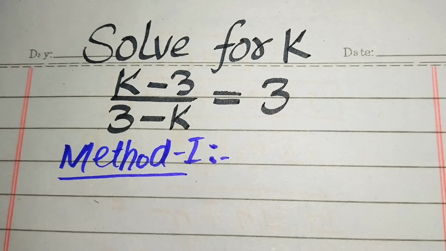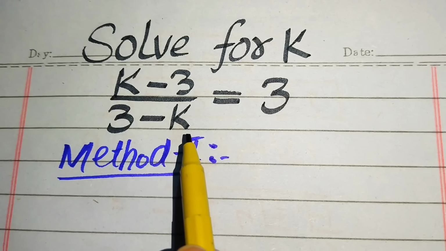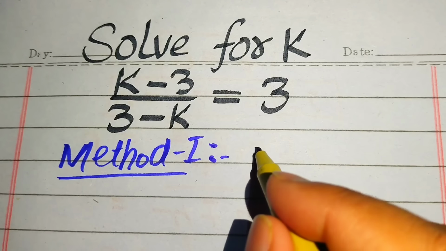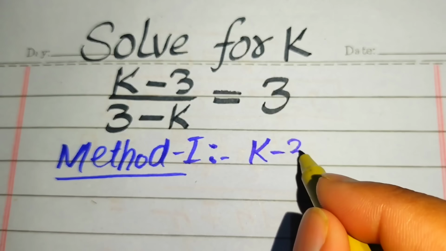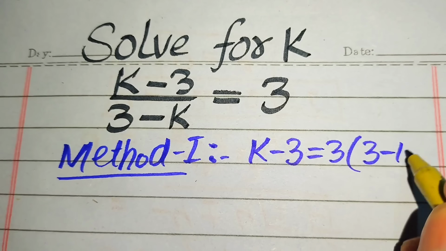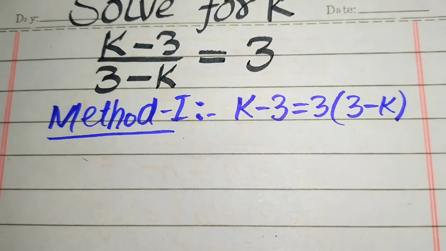In the first method, we move the term 3 − k from the left hand side to the right hand side, and this will be written as k − 3 = 3 times (3 − k).